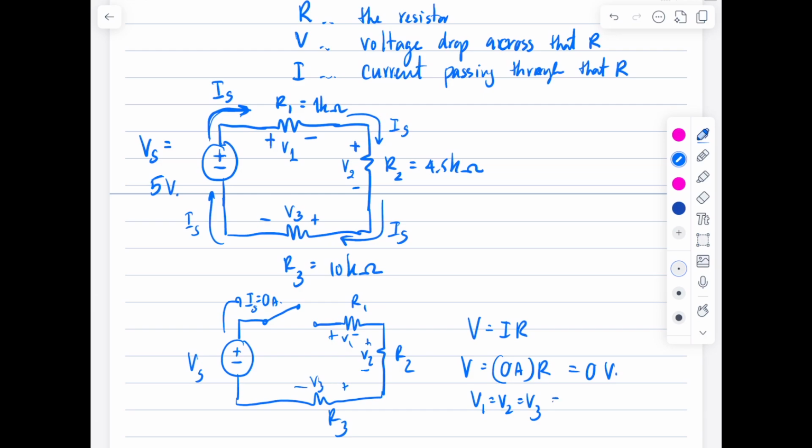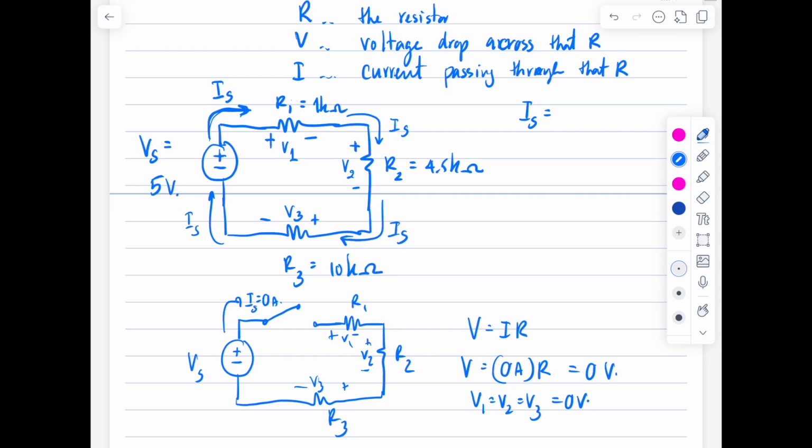Now back to the example above. In this case, to find the current IS, the formula for Ohm's law is V over R. This voltage, 5 volt, actually provides current and the voltage drop for all the R's, R1, R2, and R3, and they are connected in series.